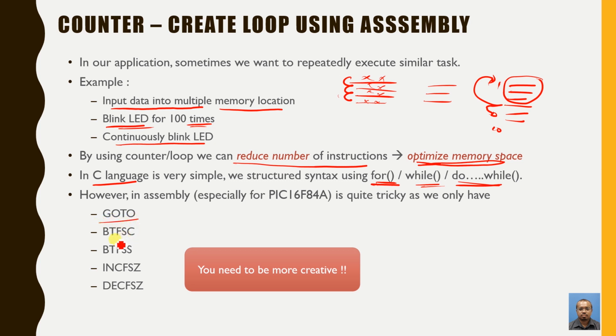For example, go to, bit test file skip if clear, bit test file skip if set, increment f skip if 0, decrement f skip if 0. So you need to be more creative. You need to use all of these, but you can't just have a simple instruction to do it all. It's not like C programming.